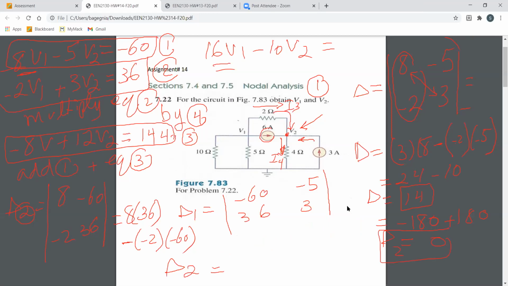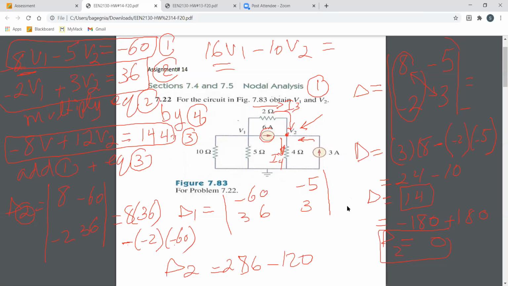Okay, so delta 2 will be 8 times 36, which is 288. Then minus times minus is a plus, and times minus is a minus 120.